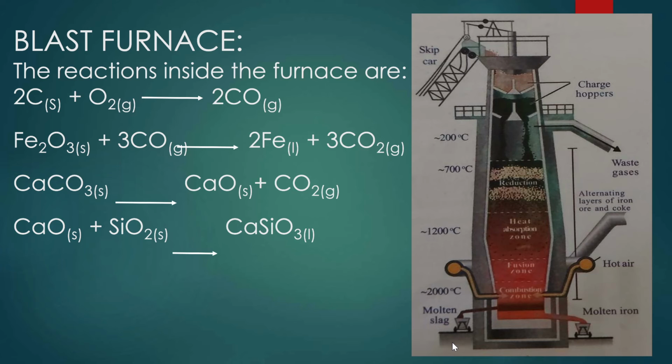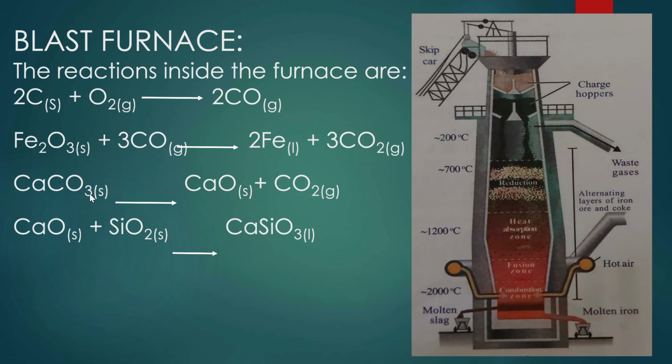Children, the reactions which are taking place inside the blast furnace are: 2C plus O2 gives 2CO, carbon monoxide. And Fe2O3, the hematite ore, reacts with this carbon monoxide to give iron and carbon dioxide.